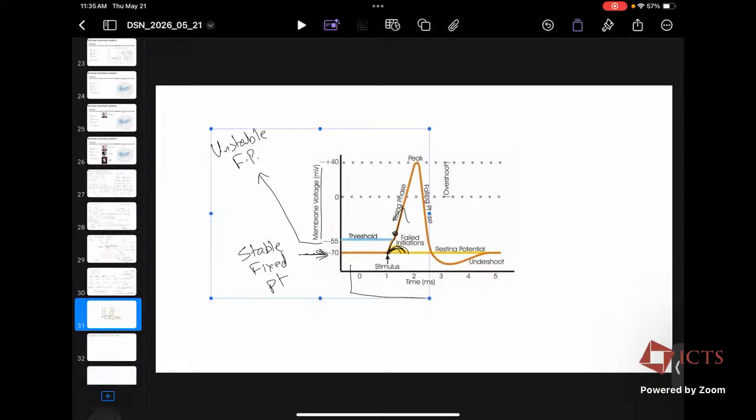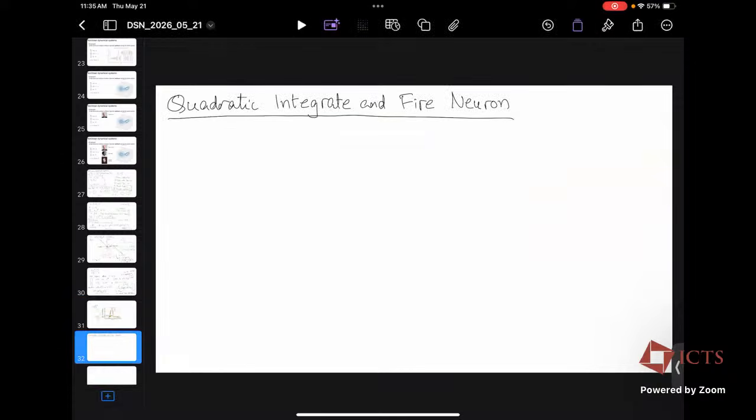The standard model people use for this is what's called the quadratic integrate and fire neuron. So, what is the quadratic integrate and fire neuron? It's a very simple kind of model. As I said, the dynamics are in terms of the voltage.